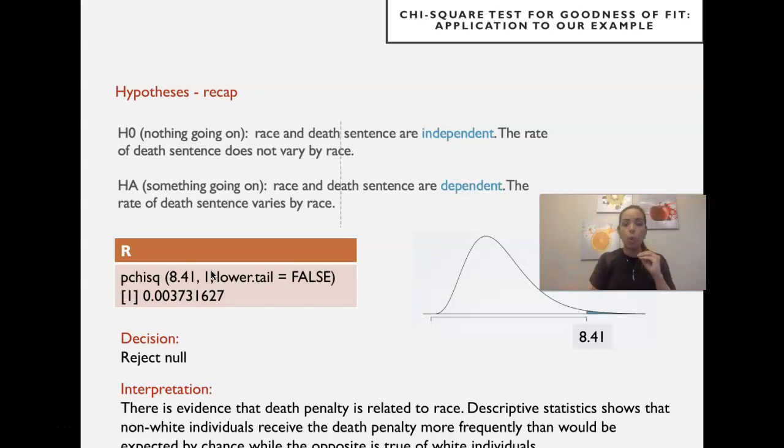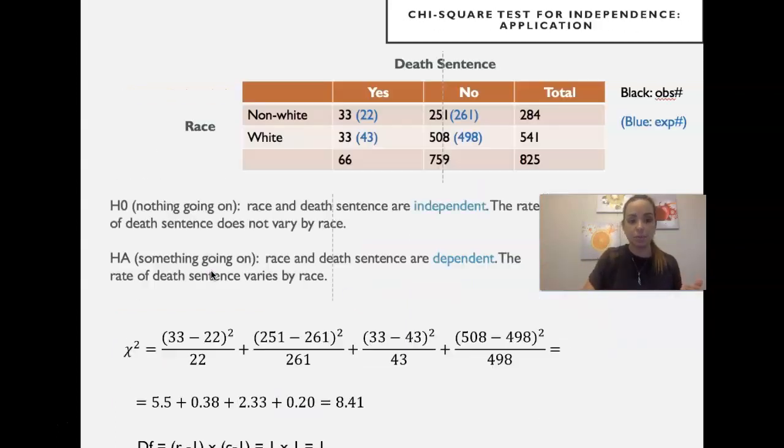To determine which race is being biased against, which race is receiving more death penalty than expected, we need to look at the contingency table. We need to look at the relationships between the observed and expected counts.